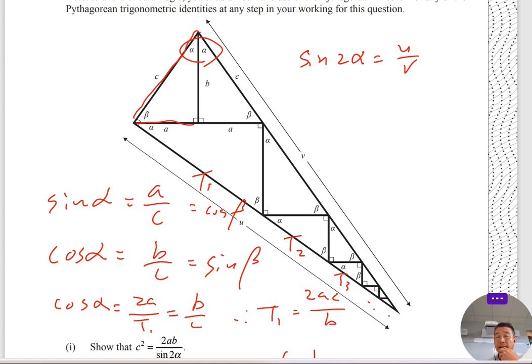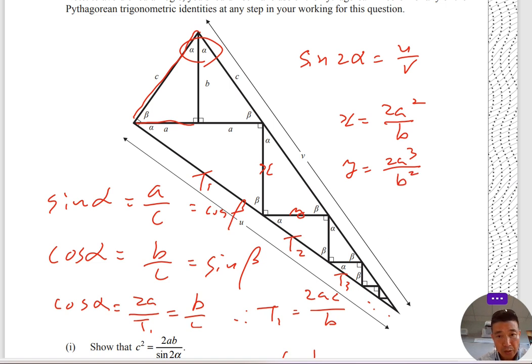So knowing that T1 is 2ac over b, we have to find T2, and then find the common ratio, isn't it? To do that, I set this one x and that one y, right? So using trig to find x, it turns out x is 2a squared over b, and y equals 2a cubed over b squared.